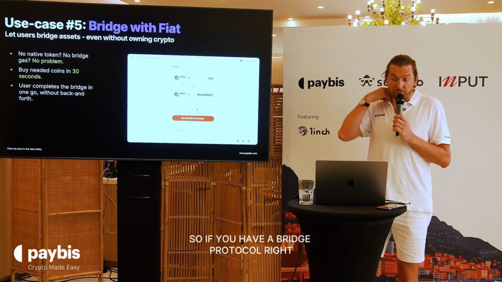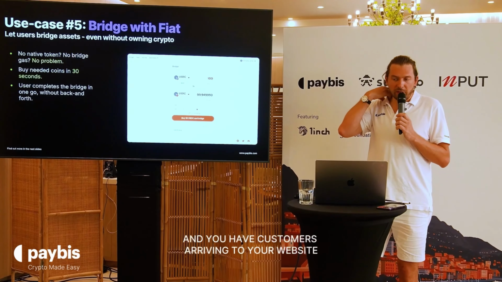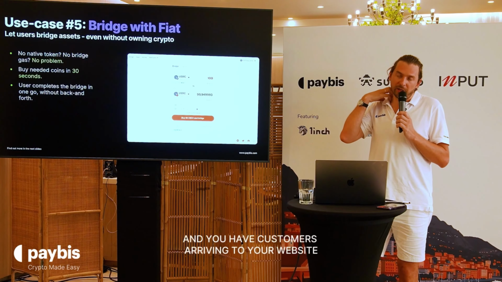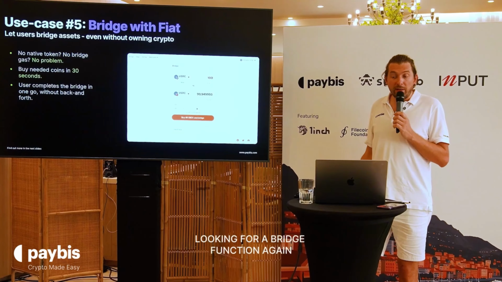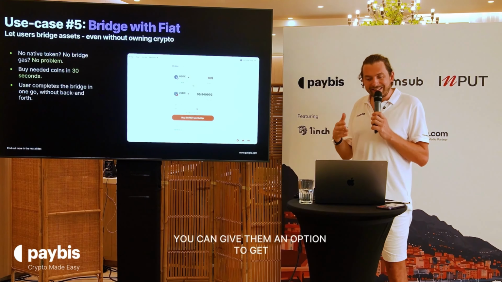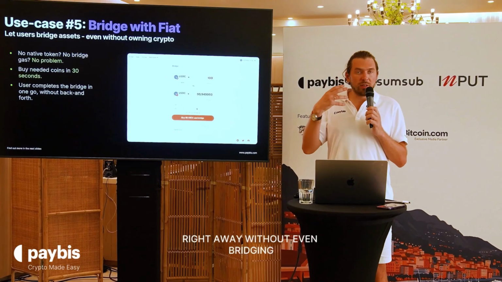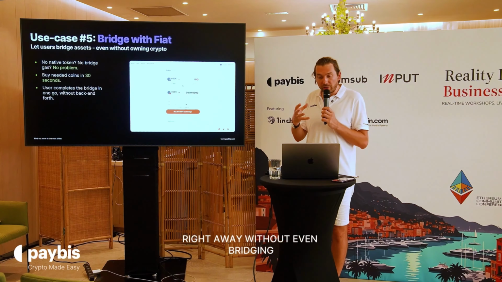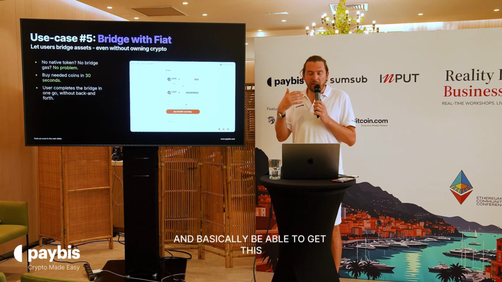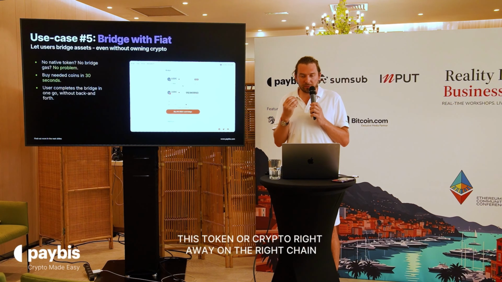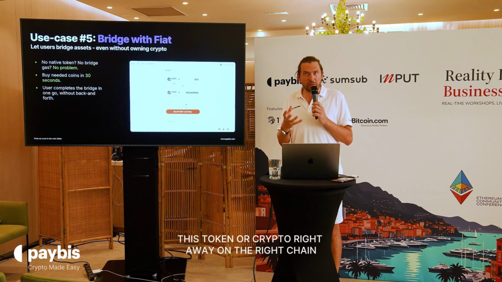So if you have a bridge protocol and customers arriving to your website looking for a bridge function, you can give them an option to get the right asset on the right chain right away, without even bridging.